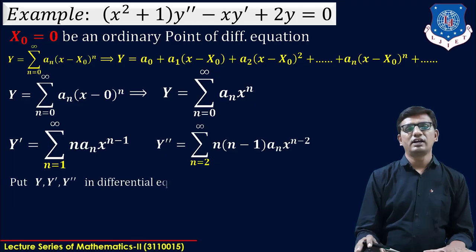Now put y′ and y″ in our differential equation, (x² + 1)y″ − xy′ + 2y = 0.